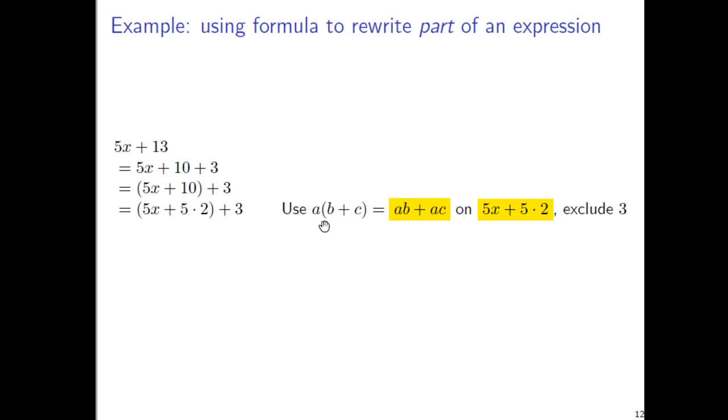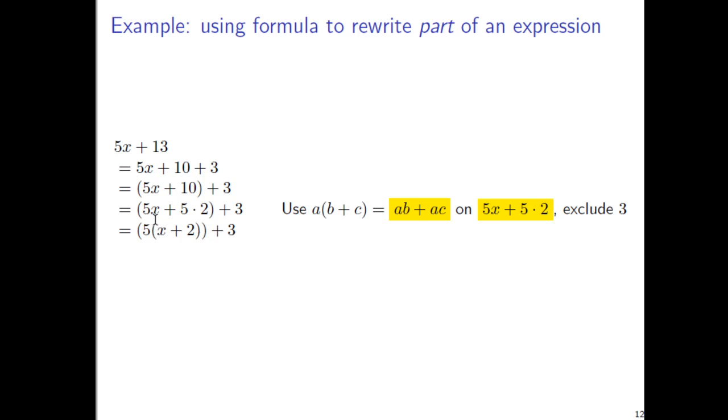Now take a look at this formula. A times quantity b plus c equals a times b plus a times c. This right here, or sorry, the part that's in parentheses, I've highlighted it in yellow over here. That looks like this, right? 5 times x plus 5 times 2 looks like a times b plus a times c. And so we'll rewrite, copy the plus 3. That's not participating in the distributive law, so we just copy the plus 3.